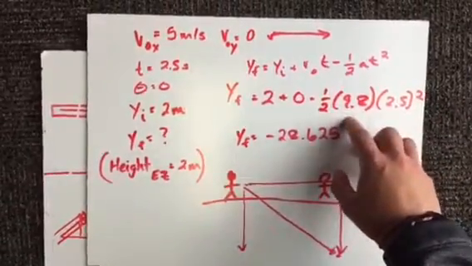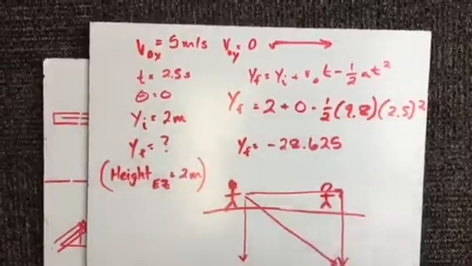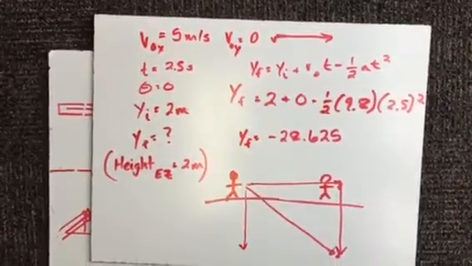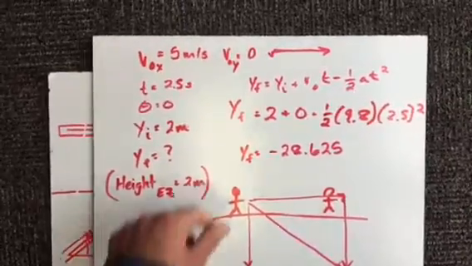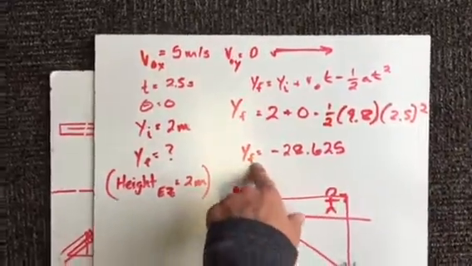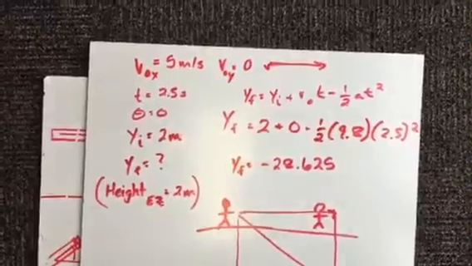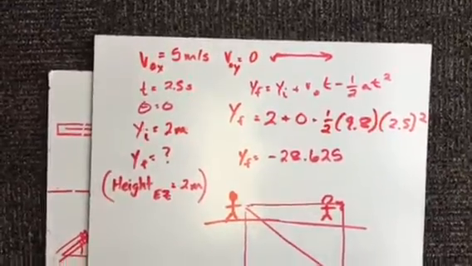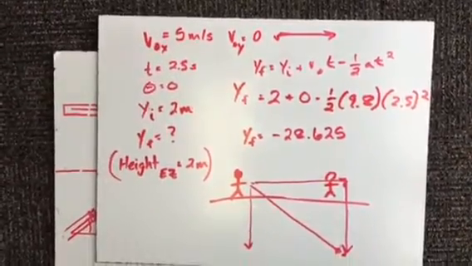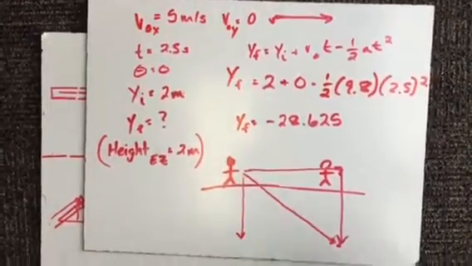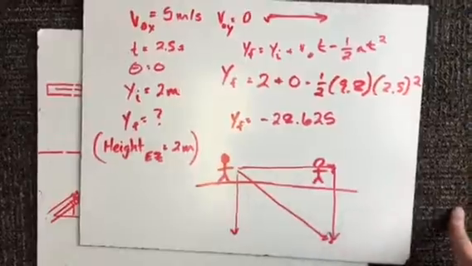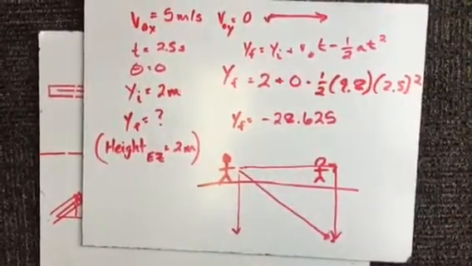This is negative because the acceleration pulls the dart towards the ground. Solving that, y equals negative 28.625, which isn't really possible. It's not going to go into the ground, but that's how far it would get if nothing obstructed the dart. Obviously it's going to hit the ground before that.